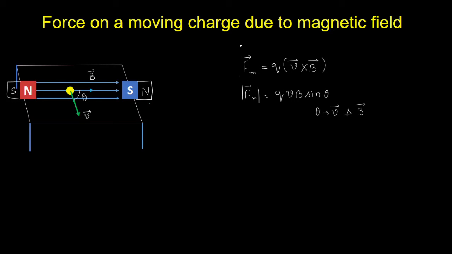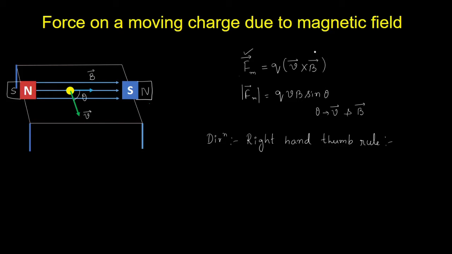And how did we find out the direction? The direction of the magnetic force acting on the moving charge was given by the right hand rule. Using the right hand thumb rule, we can find the direction of force.